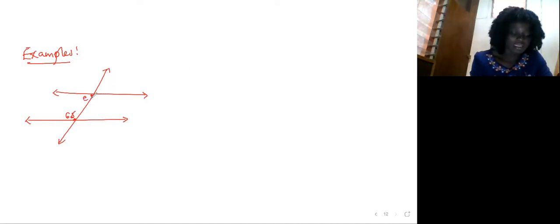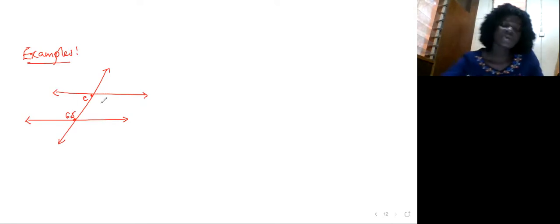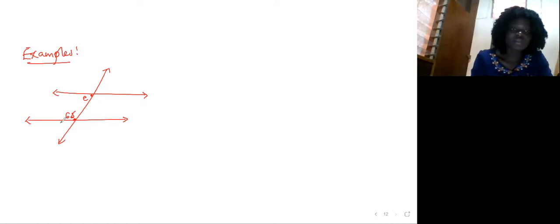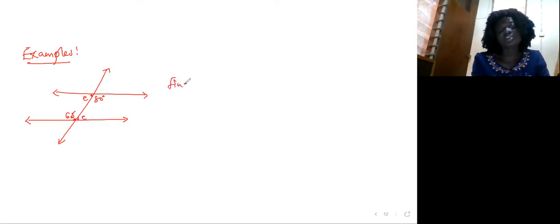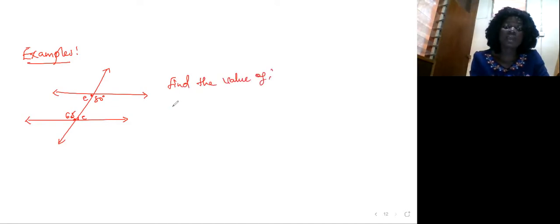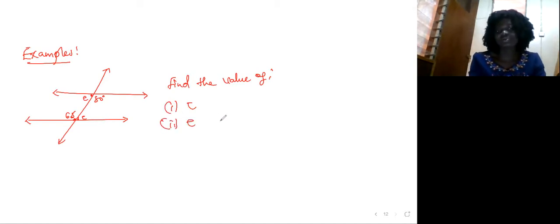Then again, let's say I have 80 over here, and I ask you again to find the value of C. To find the values of E and C. What can you say about this?